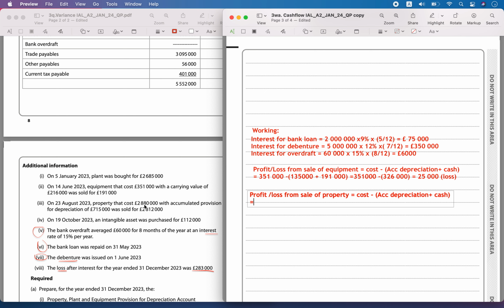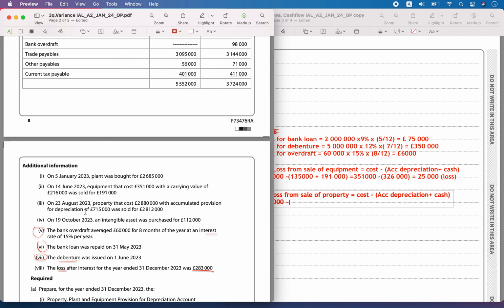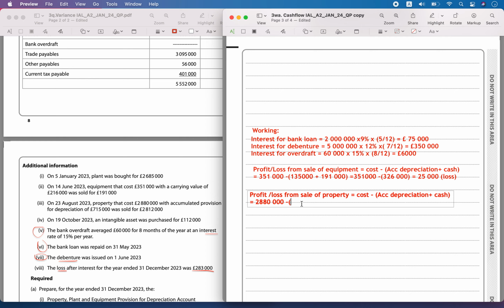So we have the cost as 2,880,000 minus accumulated depreciation of 715,000, and the cash they received was 2,812,000.